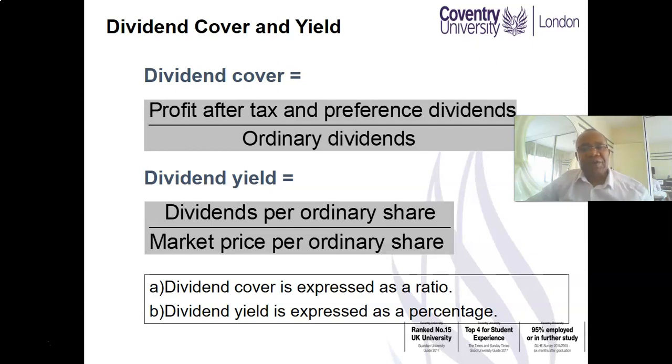The dividend yield is basically the dividends per ordinary share divided by market price per ordinary share. The dividend cover is expressed as a ratio, whereas the dividend yield is expressed as a percentage.